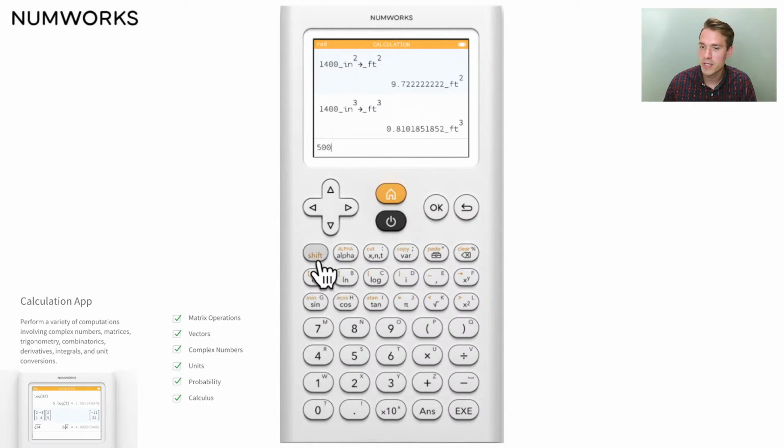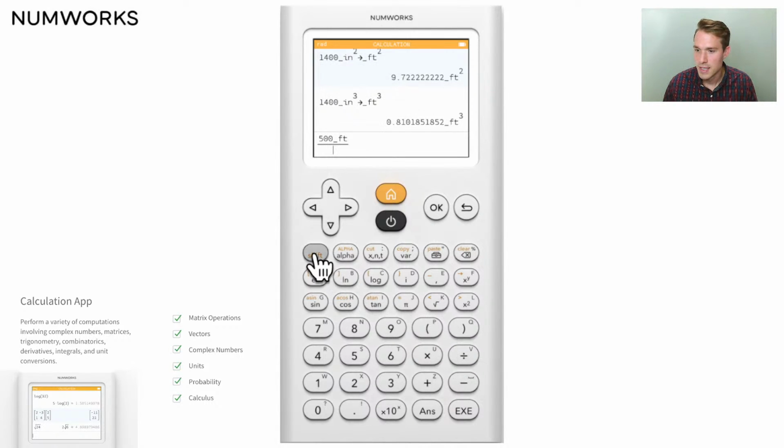So 500, let's do feet per minute. So let's hit shift and then the underscore. I'm going to lock my alpha to do feet and then just unlock it to divide. And we'll do, oops. I knew that was going to happen. There it is, underscore, minutes.